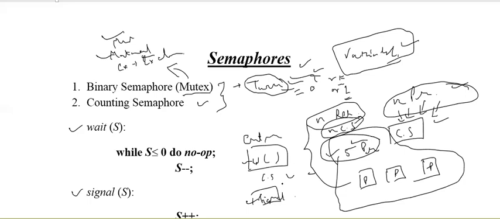Now let's take one example closest to this implementation of semaphore. Suppose I move into a cyber cafe where there are 10 systems currently available. Whenever anybody wants to use a system, he or she will enter.